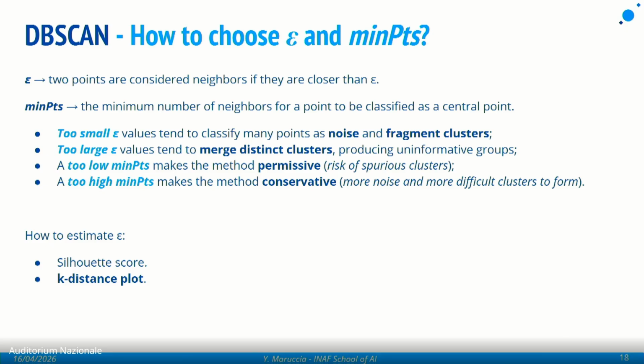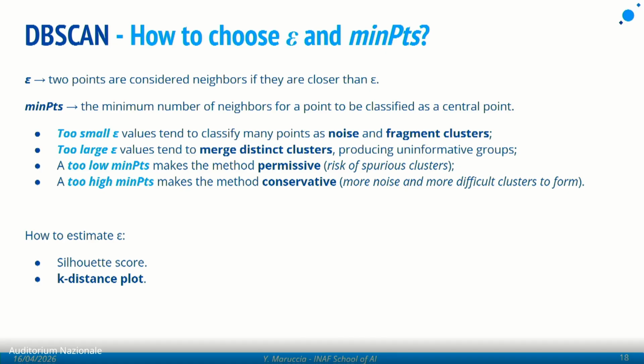Otherwise, if we consider too large values of epsilon, then we can merge distinct clusters. If some clusters are near in the parameter space, they become only one, and it is impossible to distinguish them.